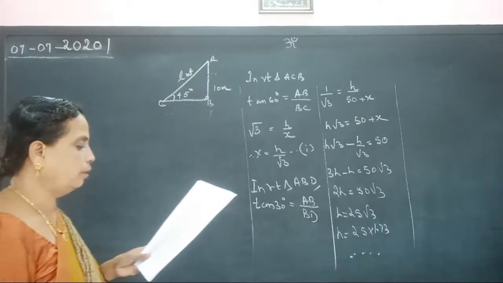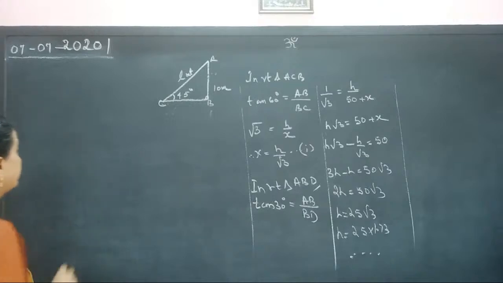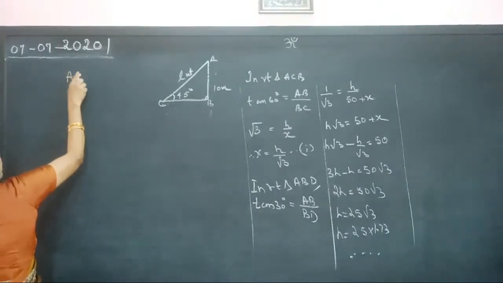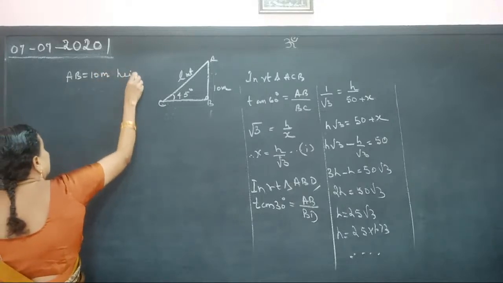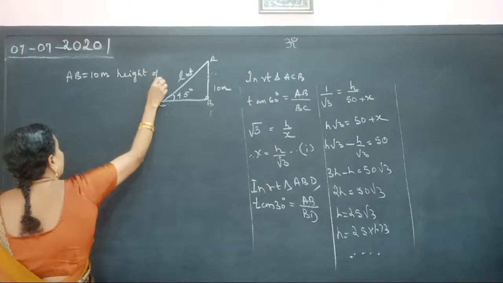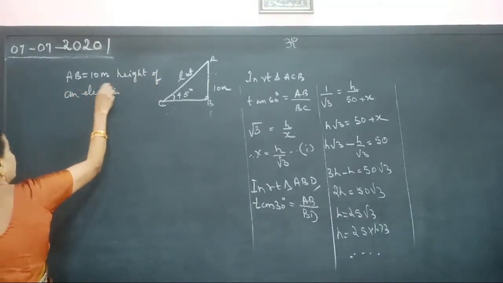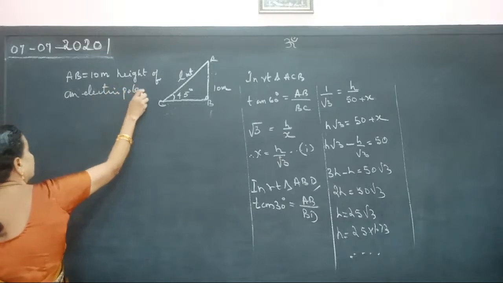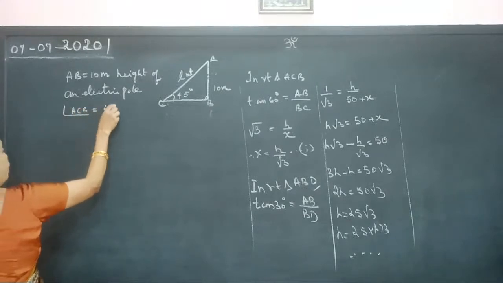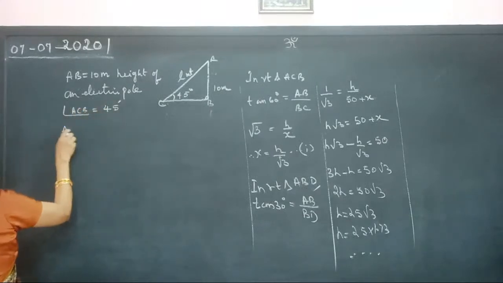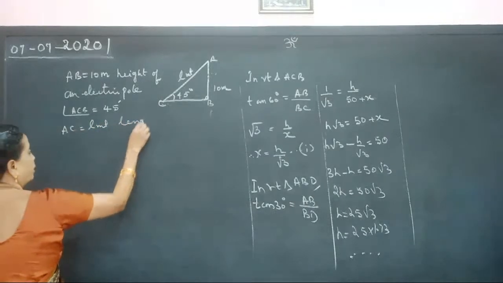Then find the length of the wire. Okay, write the description. AB equals 10 meter, height of an electric pole, angle ACB equals 45 degree, AC equals L meter, length of the wire.